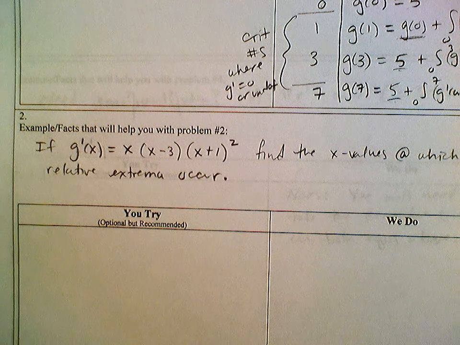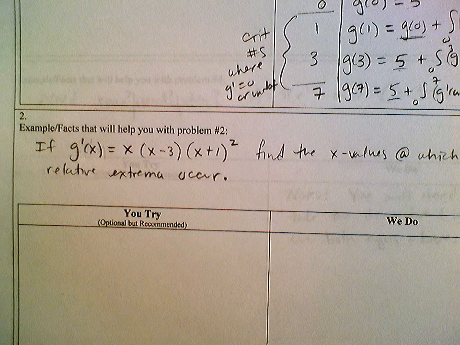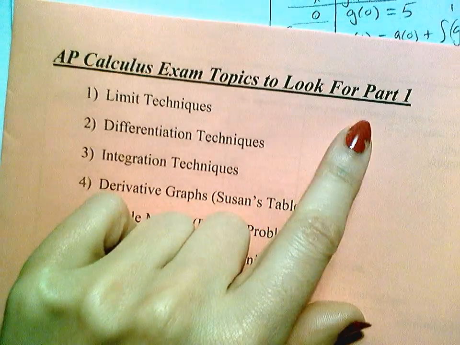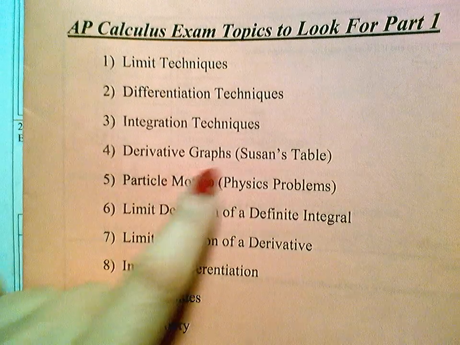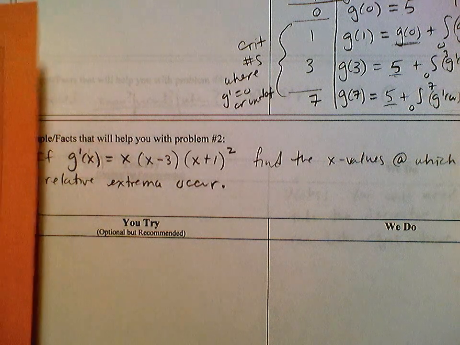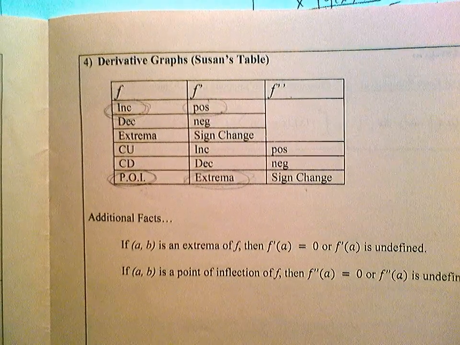And you also need to know Susan's table. So where is Susan's table? Okay, so this is in part 1, number 4. And guys, you really need to be familiarizing yourself with everything in this packet. So we're going to need this.